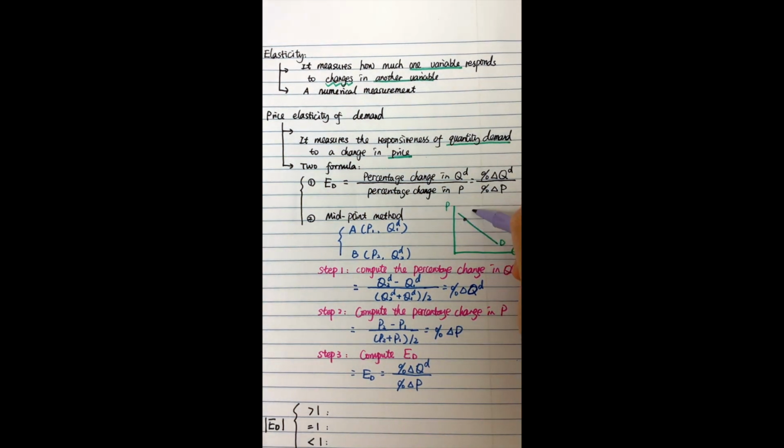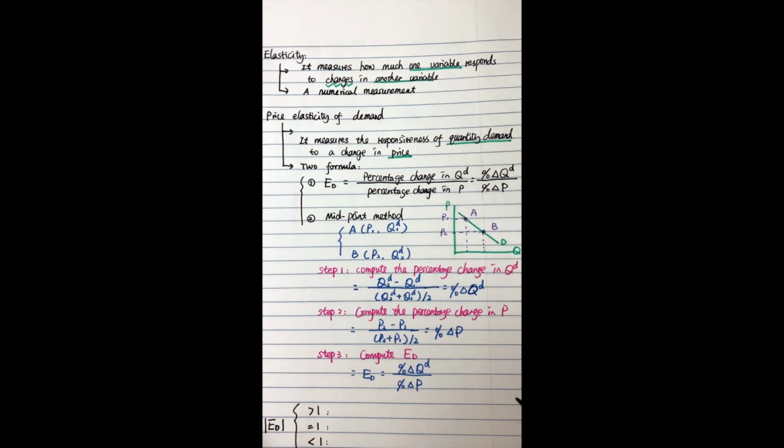Point A and point B. At point A, we have the price P1 and quantity demanded equal to Q1. At point B, we have the price equal to P2 and another quantity demanded at Q2, right? And from this type of question, it doesn't tell you the percentage change directly. Okay, it gives you 2 points.